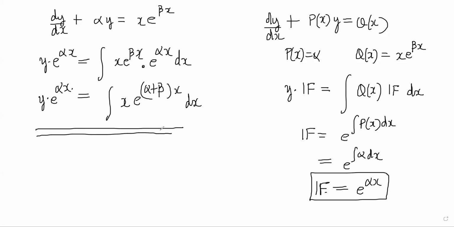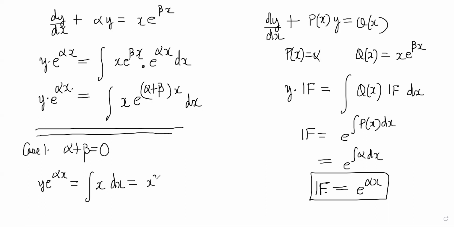We'll do two separate cases. Case 1 is the easy case where α + β could be equal to 0. If α + β is equal to 0, this side is pretty simple. It is y e^(αx) equal to the integral of x e^(0·x), so that is 1, so x dx. That is going to be x²/2 plus some constant.